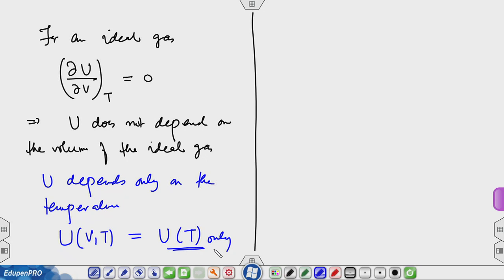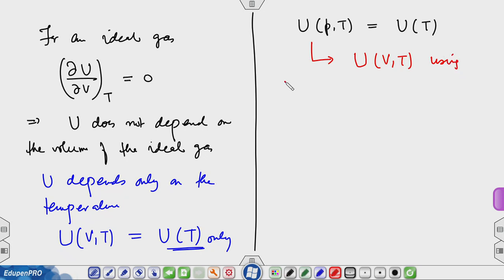Extending it further, using the same argument, I can also show that if I write U as a function of P and T, this will also be equal to U of T. Why? Because if I take U of P and T, I can write this as U of V and T using the equation of state. And U of V and T is U of T alone.